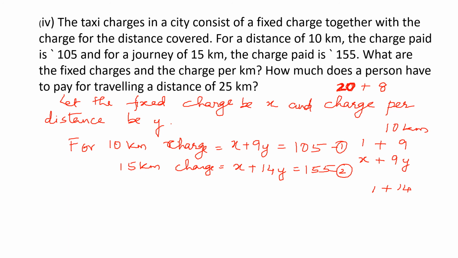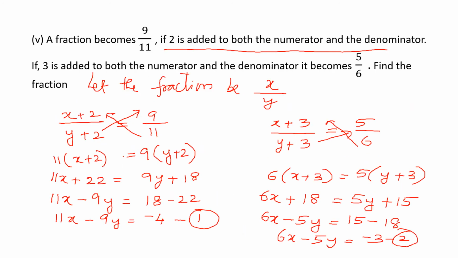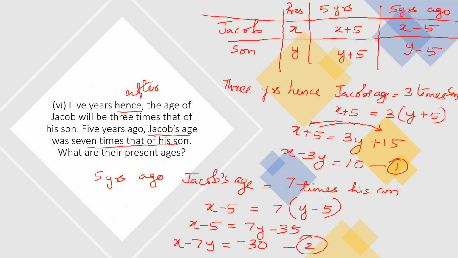No. Therefore, the charge for 25 kilometers will be X plus 24Y. So once you get the values of X and Y, you have to substitute in this and find how much they have to pay for 25 kilometers. Okay. Oh, still there are questions.